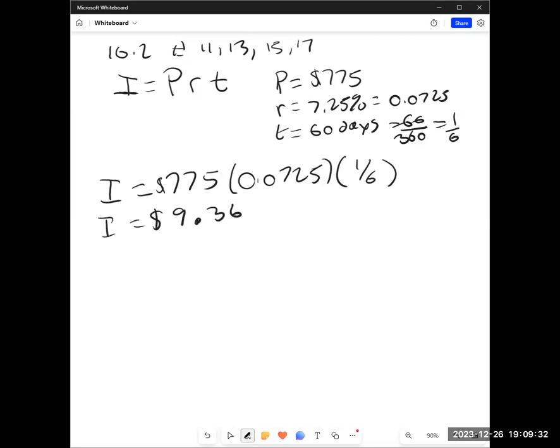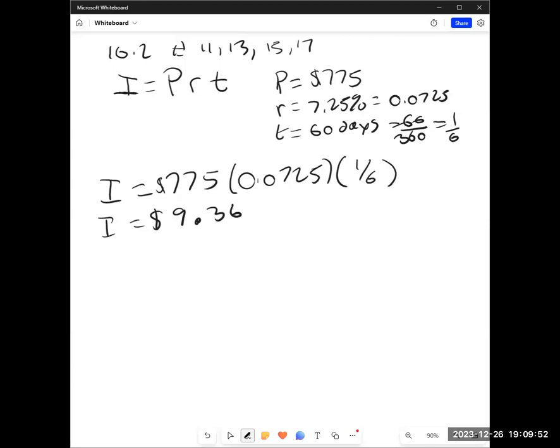We're rounding to the nearest cent, I assume. Yep, round to the nearest cent is needed, so 9.36.